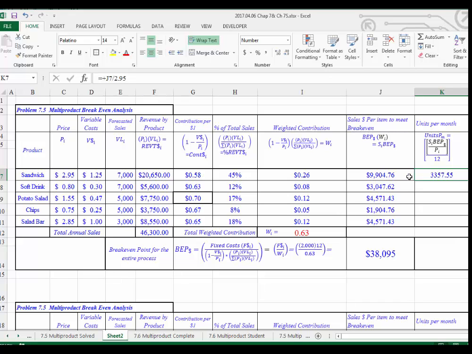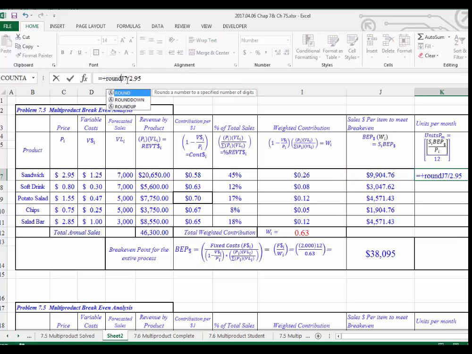And really what we would need to do is round up, because if we rounded down we might be a little bit short, but we're just gonna round it to 0 decimal places because it just doesn't make any sense to round it to point whatever of a sandwich.